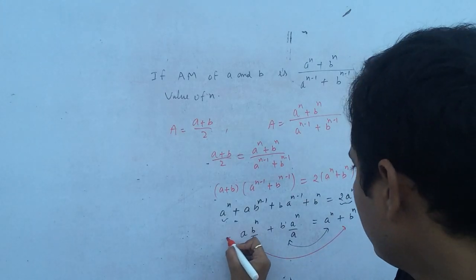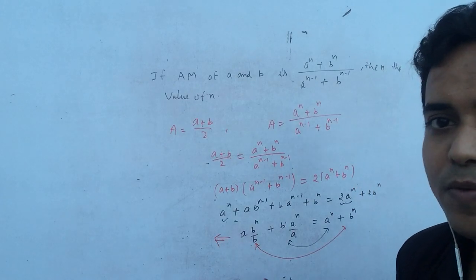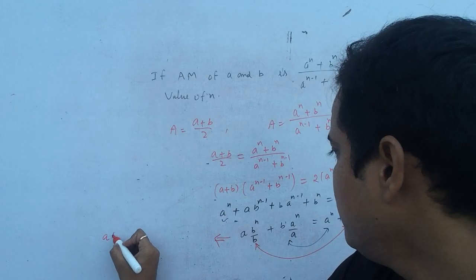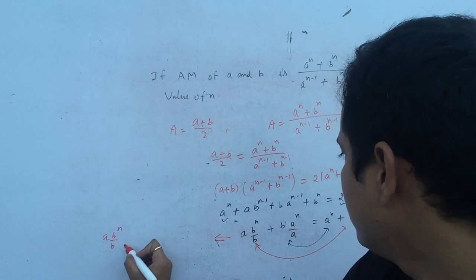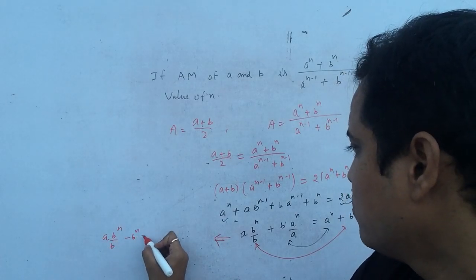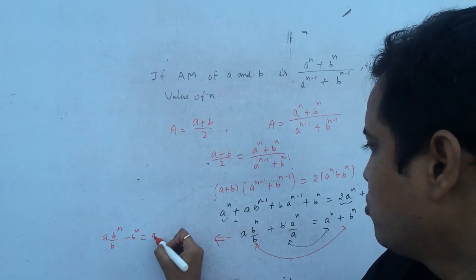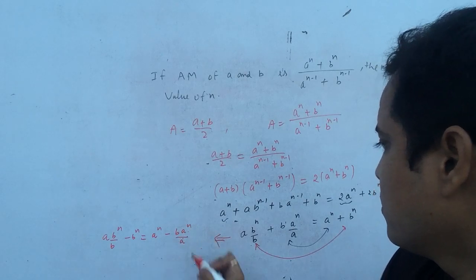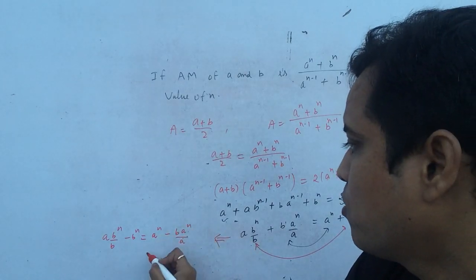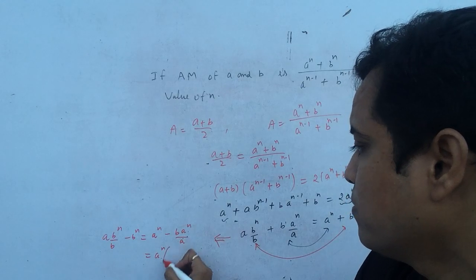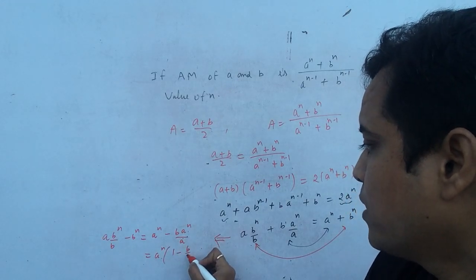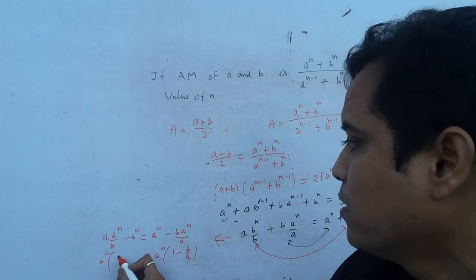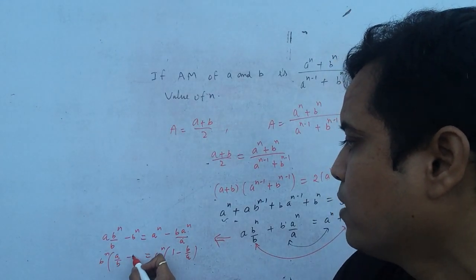We get a b raised to power n upon b minus b raised to power n equal to a raised to power n minus b a raised to power n upon a. Take a raised to power n common, so you get 1 minus b upon a. Taking b raised to power n common, you get a upon b minus 1.